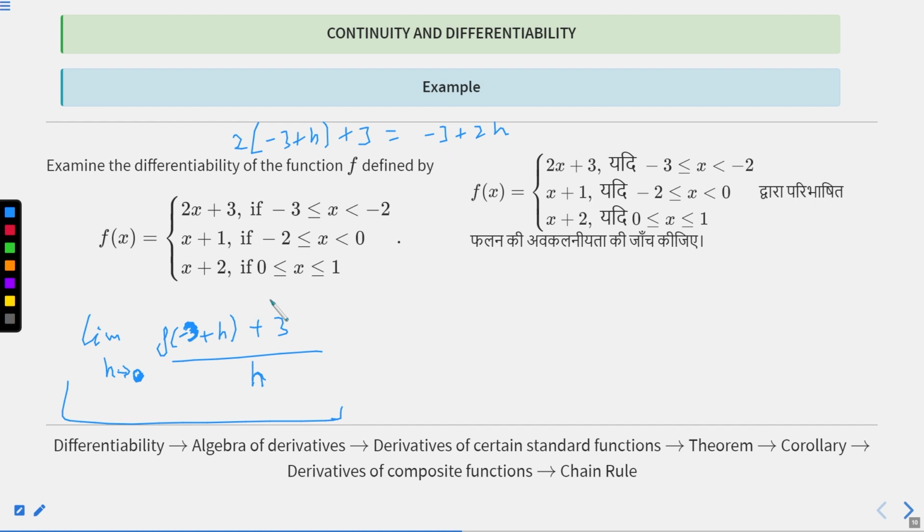The 3s get cancelled, and you are only left with 2h.